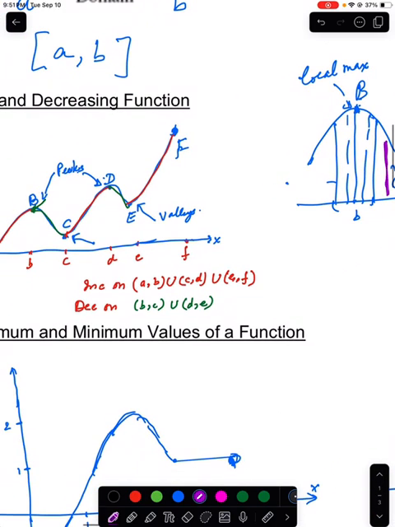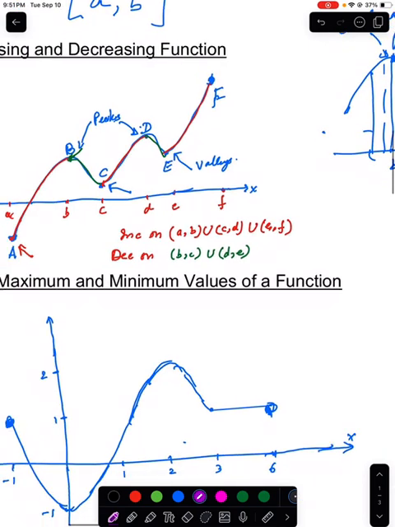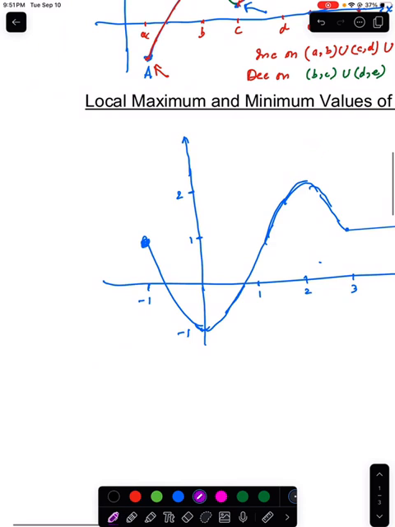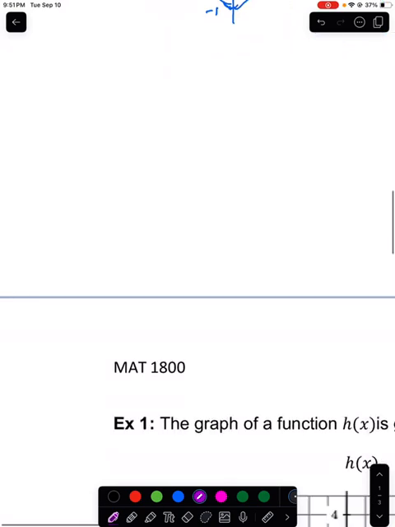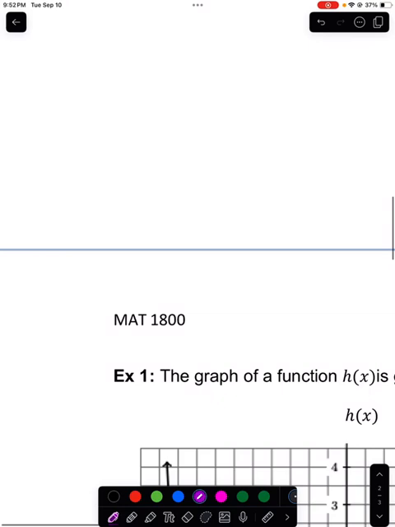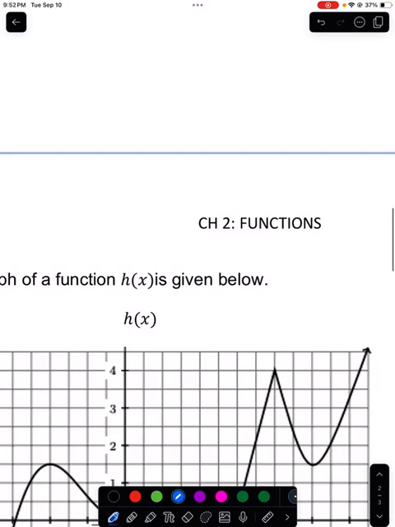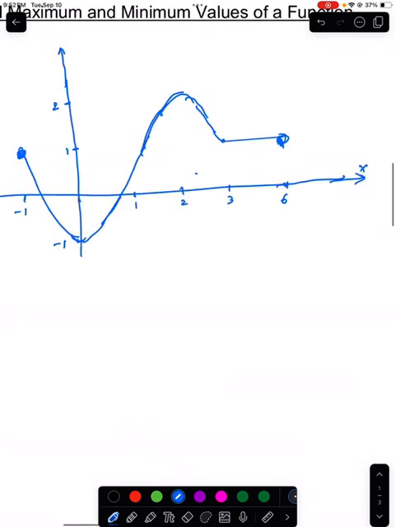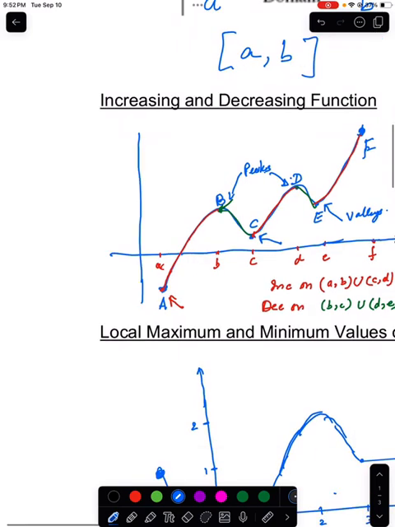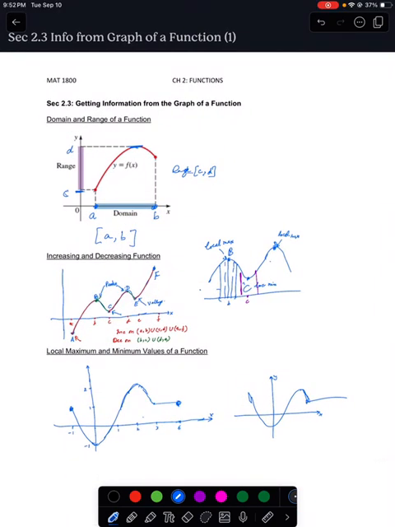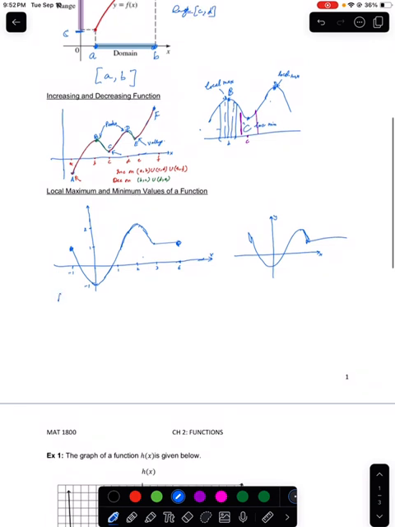So look at this graph now. So what is the domain here? So looking at it, you can see the domain in this case is -1 to 4.